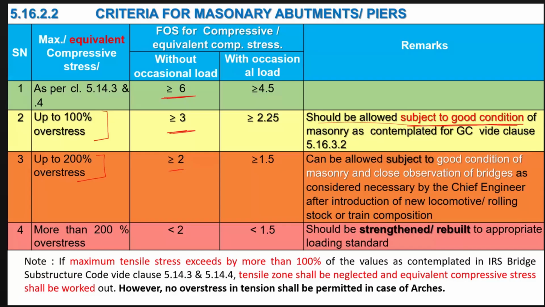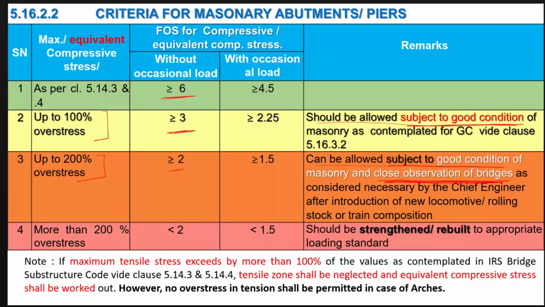Then in this case, we can allow that load structure combination subject to good condition of masonry and close observation of the bridge. One sentence has been added: close observation of bridges as considered necessary by the CBE after introduction of new locomotive, rolling stock or train composition.